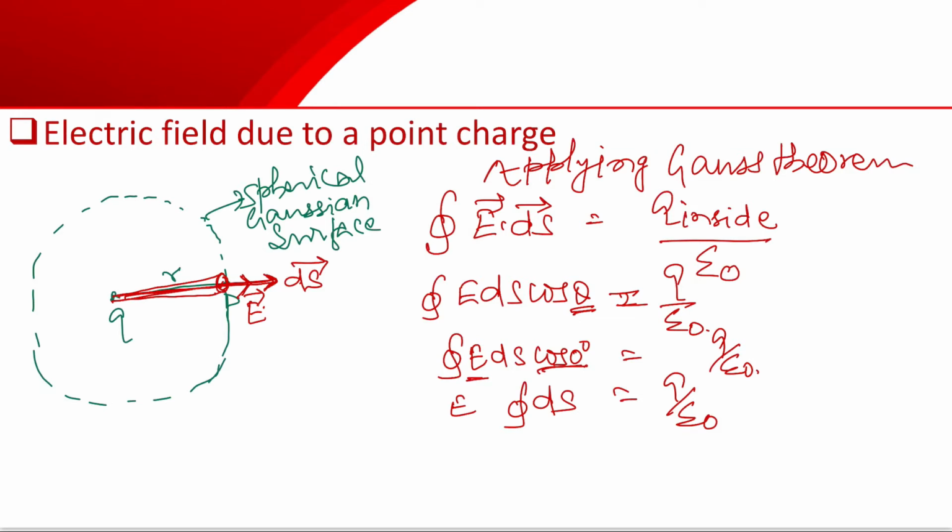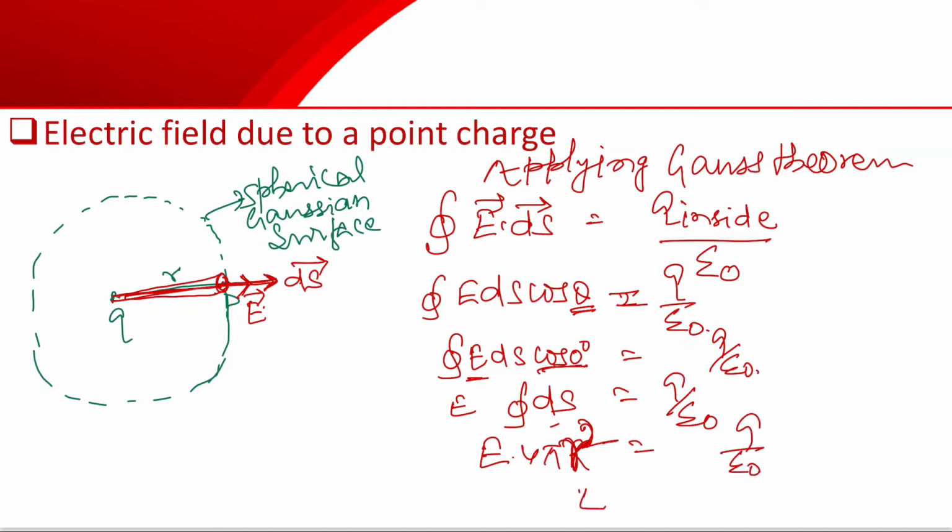Now the whole integral of ds, as this is a spherical Gaussian surface, is the total surface area of the sphere, which will be 4 pi r square. So E times 4 pi r square will be equal to Q upon epsilon naught.